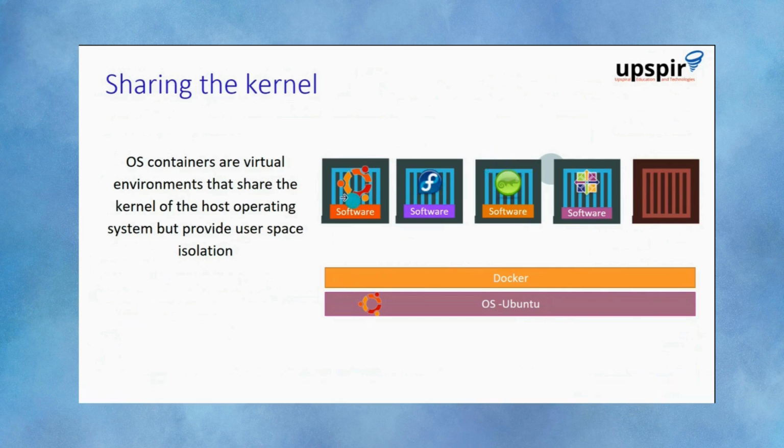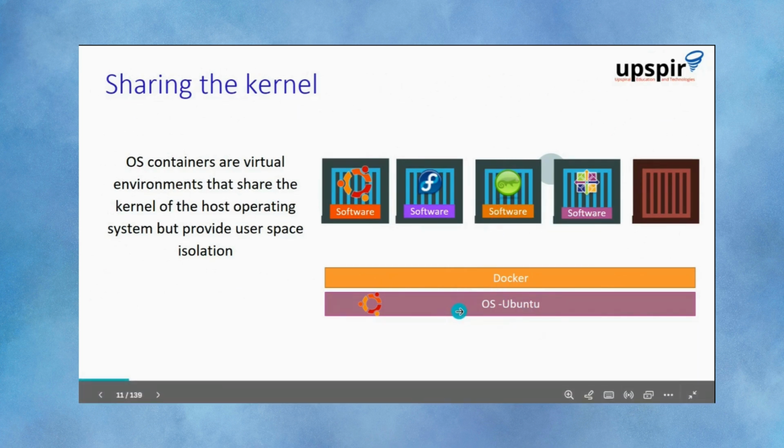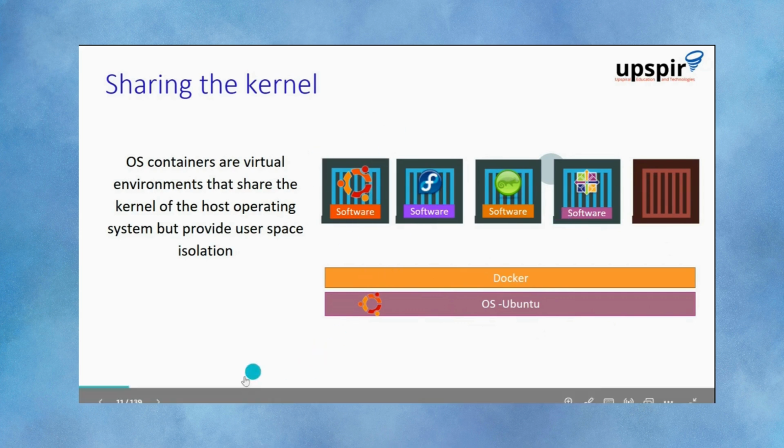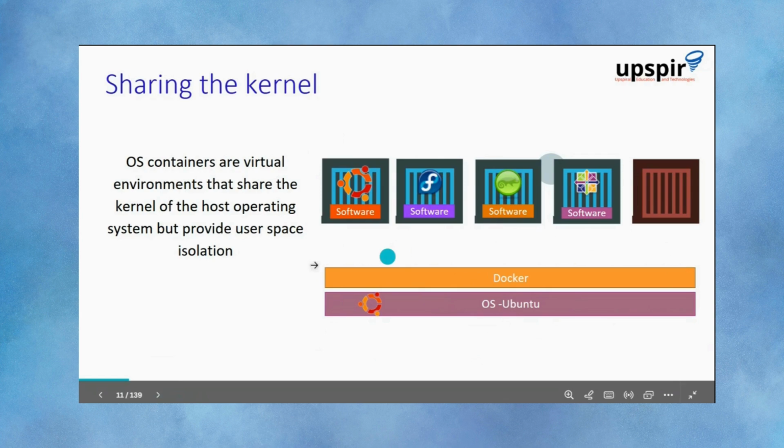In these OS containers the kernel part won't be there; they use the kernel from the base OS only. That's why they are also lightweight. They will not take more than 2 seconds, or maybe a minute, to install and get up and running. But installing an OS takes an hour, or 30 minutes. That will not happen in these cases, because the bulk of the thing they are already using from the base operating system.